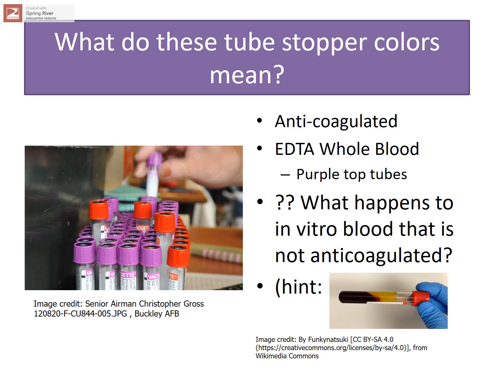You may have observed personally or in some other circumstance that blood seems to be collected in different colored tubes. And the purpose of the different color stoppers is to identify the chemical that's inside the tube. So a tube that has an anticoagulant in it will be identified with a specific colored stopper.